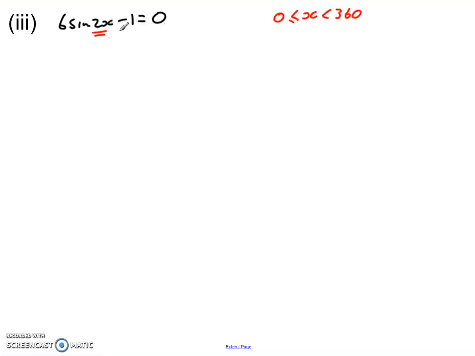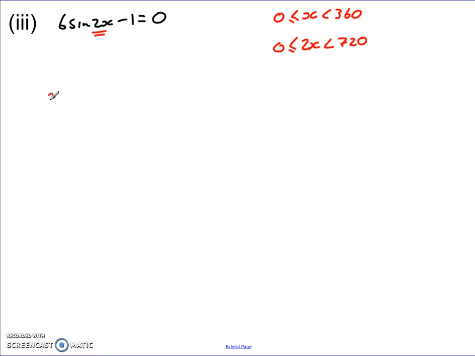If we get something like this where there's a coefficient in front of the x, take this and change it to be in terms of that. So for x, what I want is for 2x. In this case, 0 is less than or equal to 2x, which is less than double this, so 720. So what I would do is scale the function up, find all my solutions in here, and then scale them back down when I've calculated them to get them back into the correct period that I want.